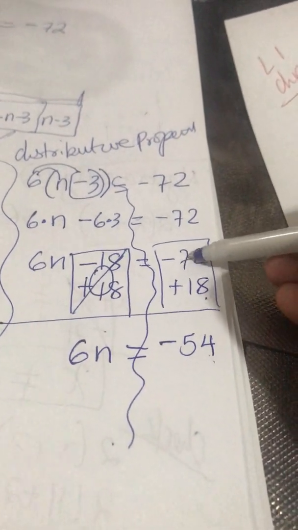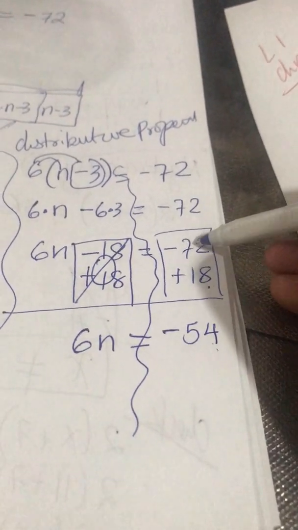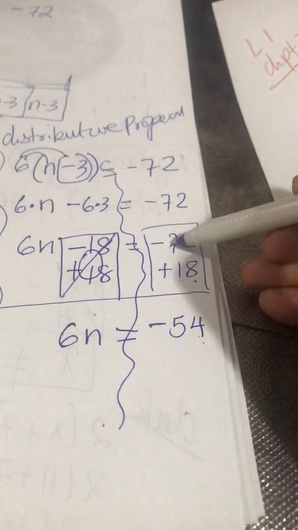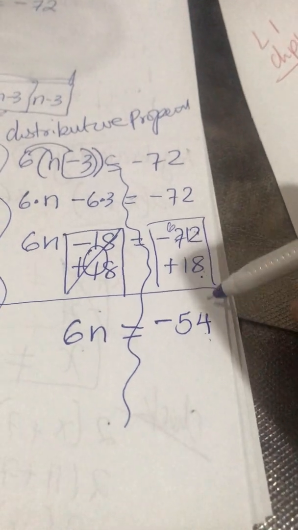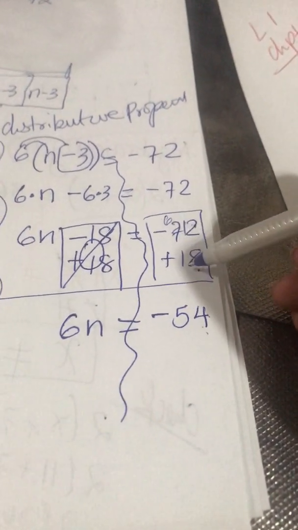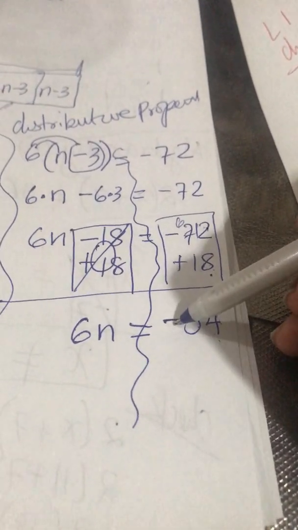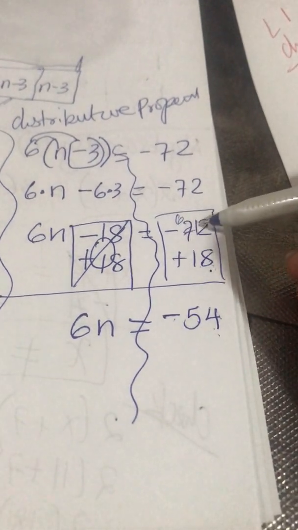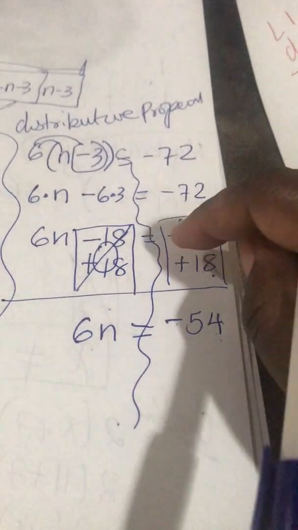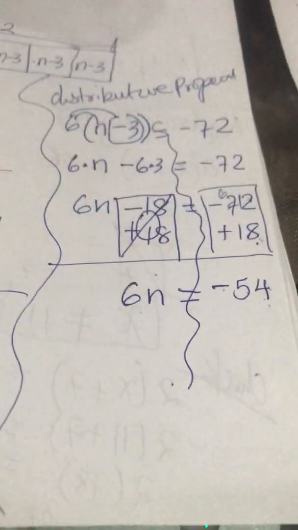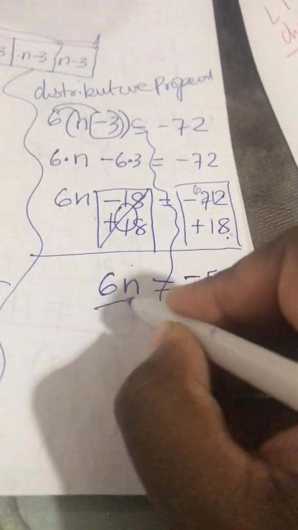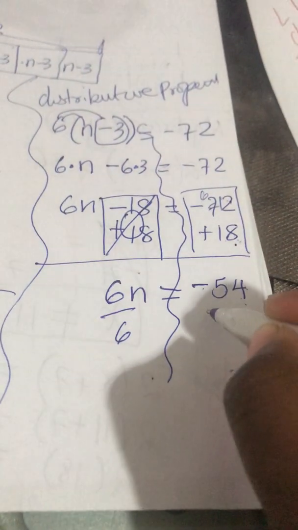Or you minus. I cannot minus 8 from 2, so I borrow. This becomes 6, and this becomes 12. 12 minus 8 is 4. 6 minus 1 is 5. Why is it negative? Because negative 72 is more than positive 18. As in, the negatives are more, so my answer will still be negative. Okay? Then, I divide both sides by 6.